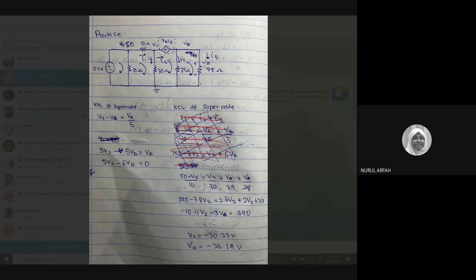Oh, the 390, you should put negative. This part. Can you see I highlight something? Okay, I notice, madam. Sorry, madam. Yeah, negative, and everything will be okay.